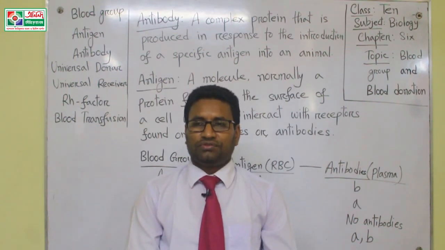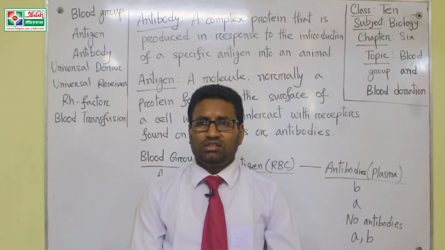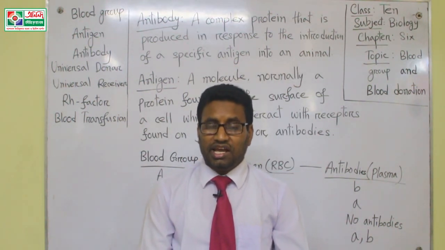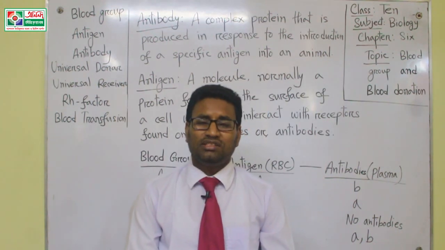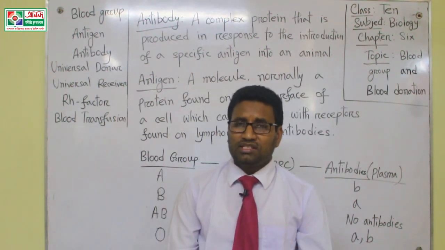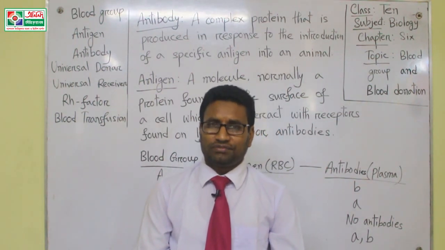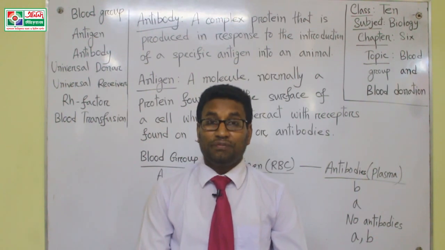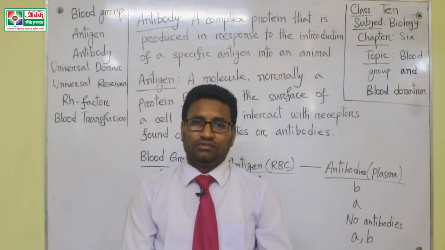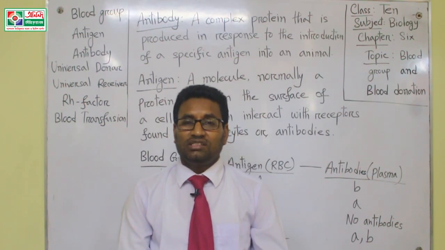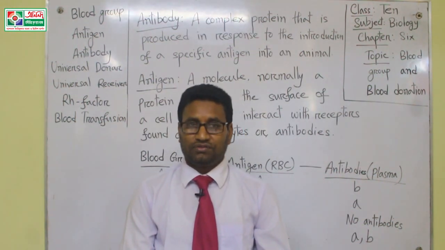What is blood group? We know antigen and antibody are present in our blood. That means antigen is present in our red blood corpuscles. On the other hand, antibody is present in the plasma. On the basis of the presence of antigen and antibody, blood is classified into some groups.